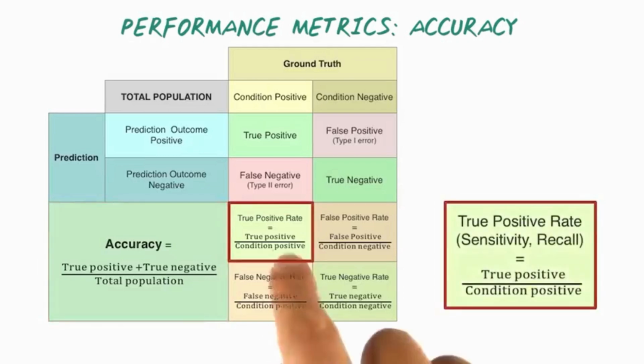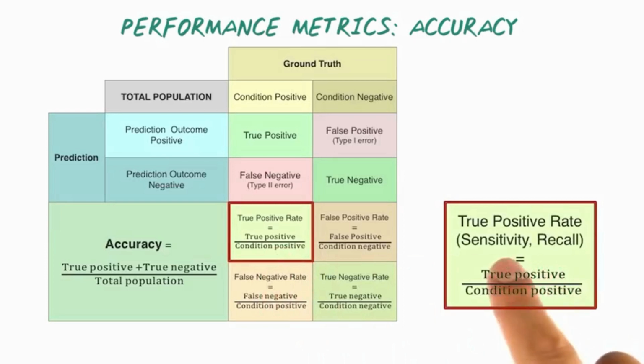Another important metric is true positive rate, or sensitivity, or recall. They have different names because the same metric has been developed by different communities, and true positive rate equals the true positive divided by the condition positive, the ground truth. To explain the intuition, let's assume positive means heart failure and negative means without heart failure.